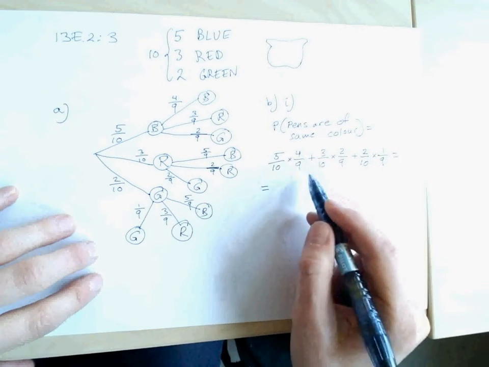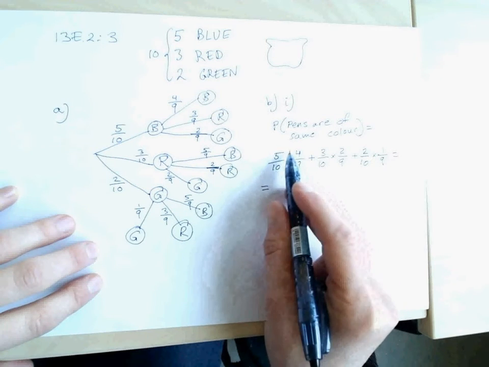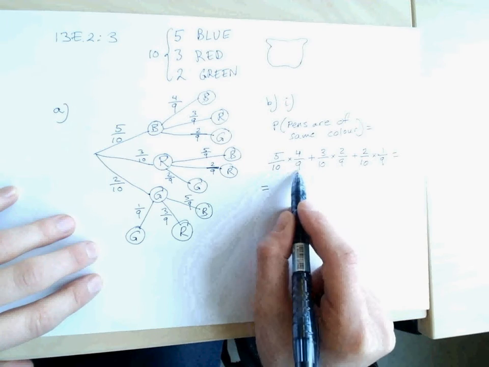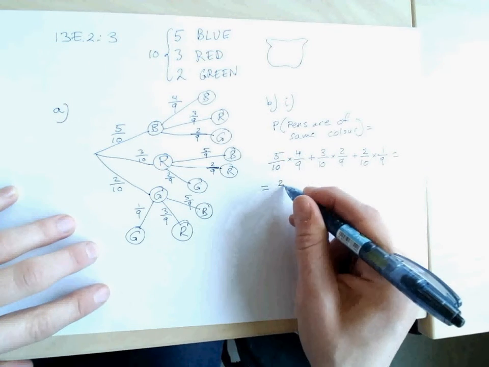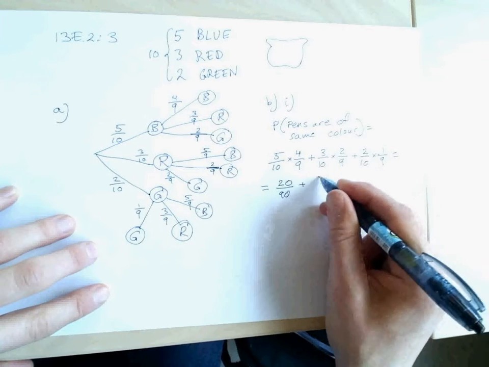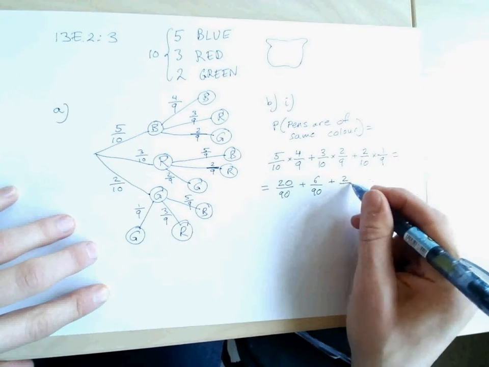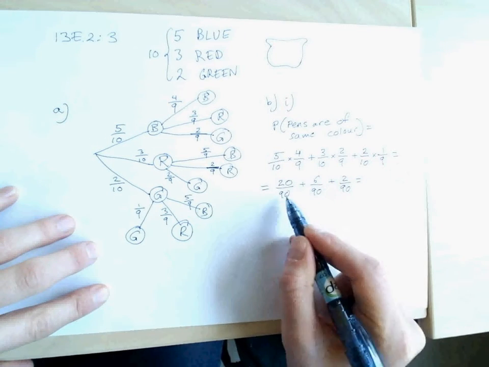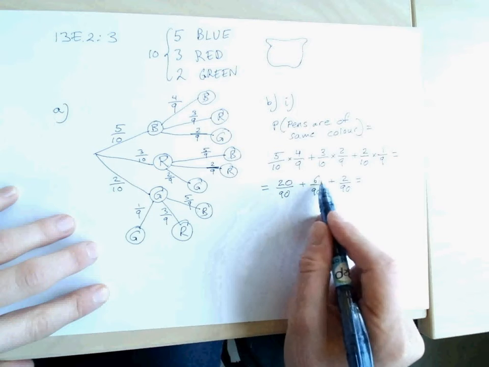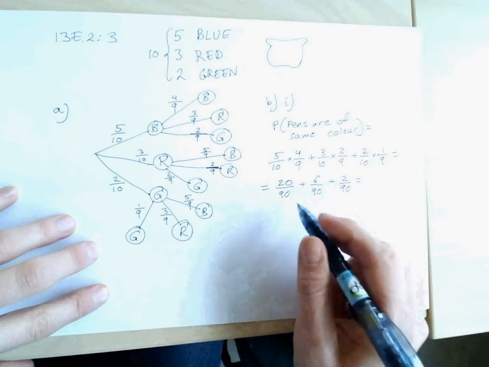And how do we calculate this now? Well, when we multiply 2 fractions, we multiply the numerators together and the denominators together. So 5 times 4 is 20/90, 9 times 10, plus 3 times 2 is 6/90, plus 2 times 1 is 2/90. When adding fractions, we see that we have the same denominator, so we can just add the numerators.